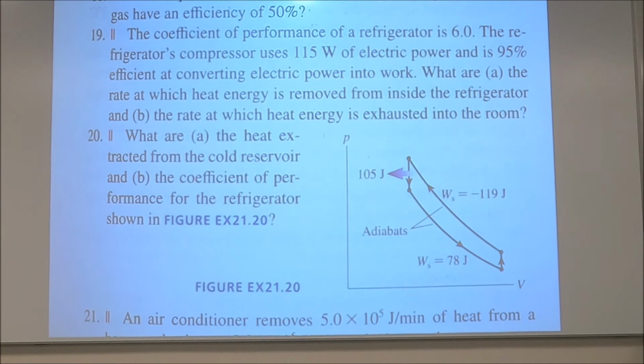So 105 minus 41 says that QC is 64 joules. So K is equal to 64 joules divided by 41 joules. 1.56 would be our K rating. Okay?